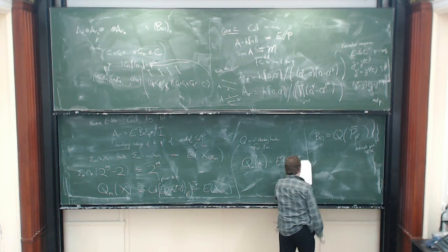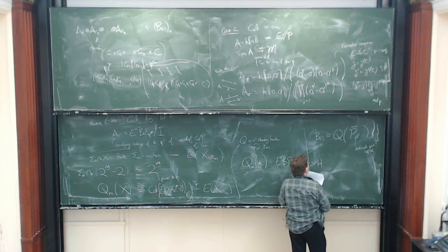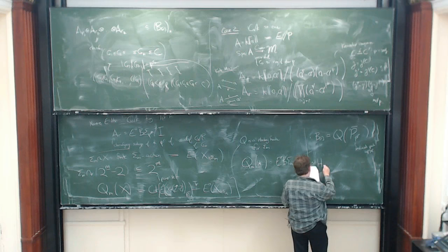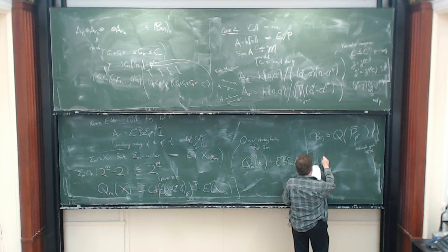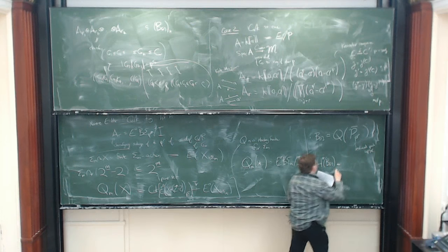The second observation is, well, now I have to compute the homology of this. So this, of course, is the cohomology of BR, which is the cohomology of this complex. This has another name.